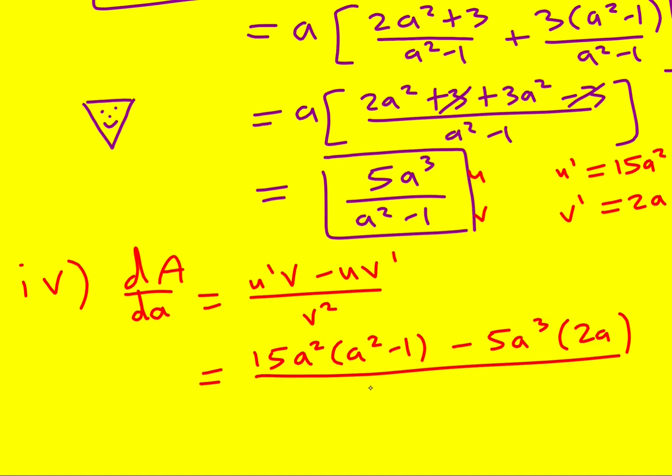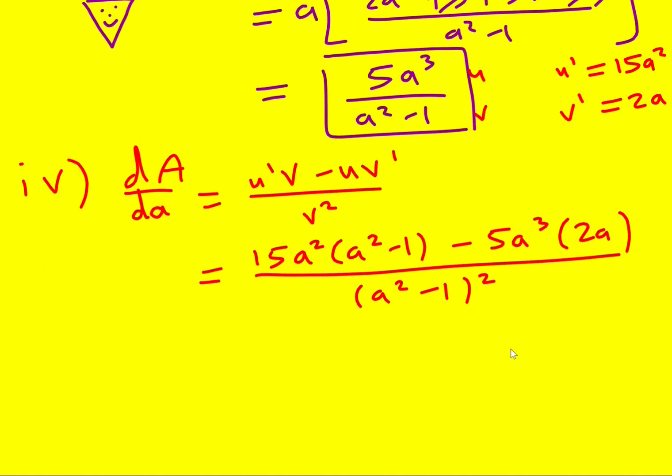So we get this, which I'll now simplify: 15a to the 4 minus 15a squared minus 10a to the 4.